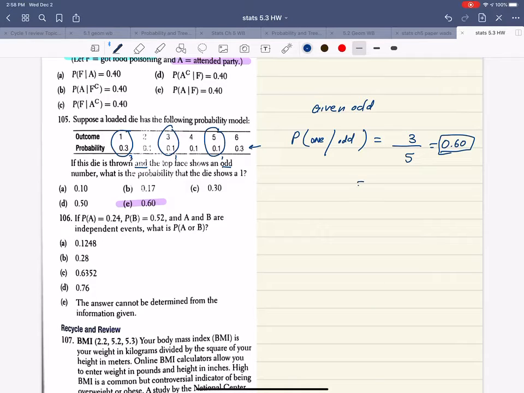I could have also used this concept of formula and added these ratios together and still gotten the same answer. So this is the probability of getting a 1, and this is the probability of odd. I added those up. Okay? And it's equal to the probability of 1 given odd.